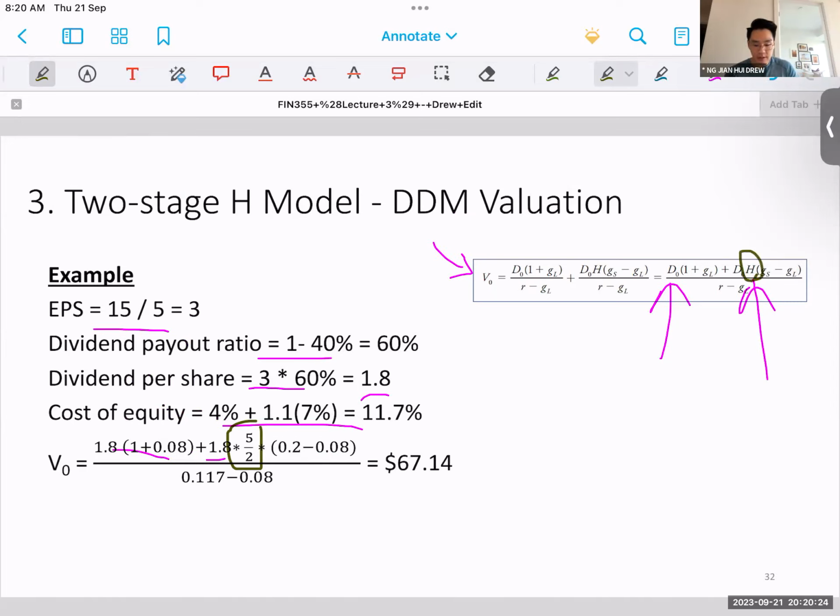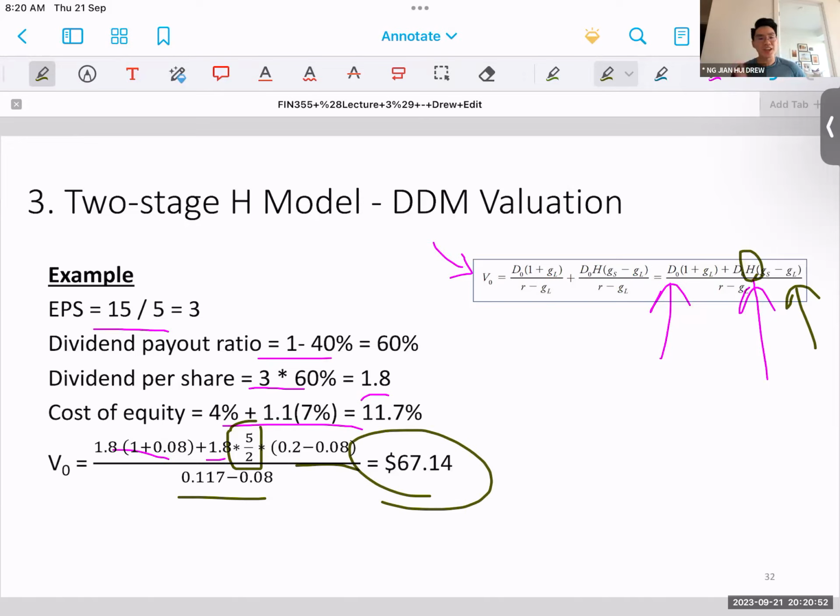Then we take supernormal growth, 0.2 minus 0.08. So this is the component based on this formula. And then we take r minus g_L, which is given here, and this will give you V naught, which is the valuation of the company using the H model.